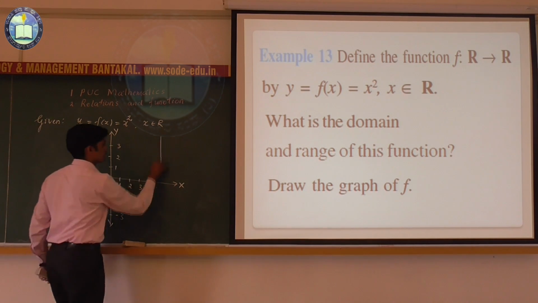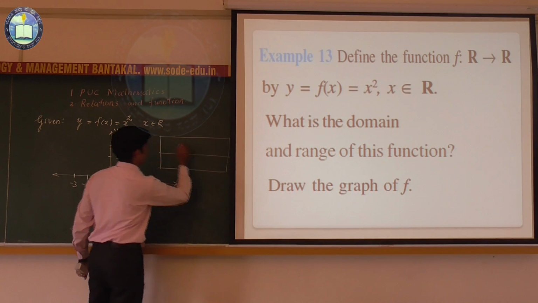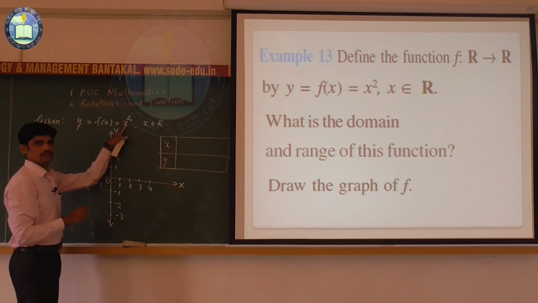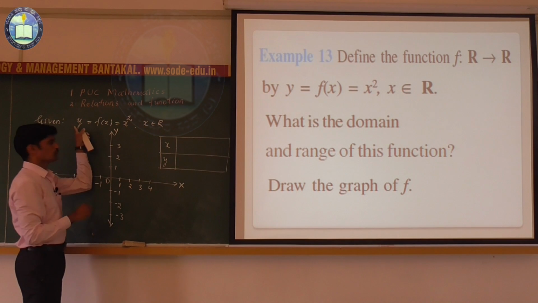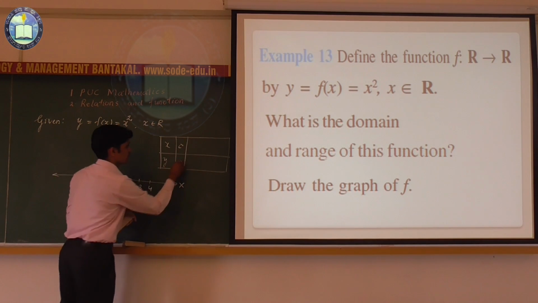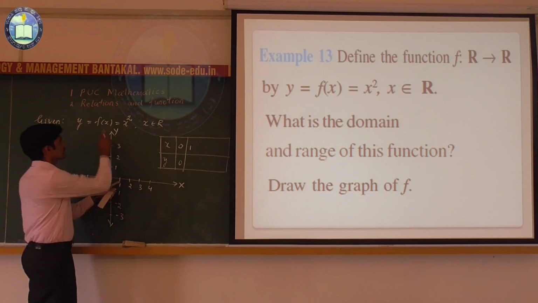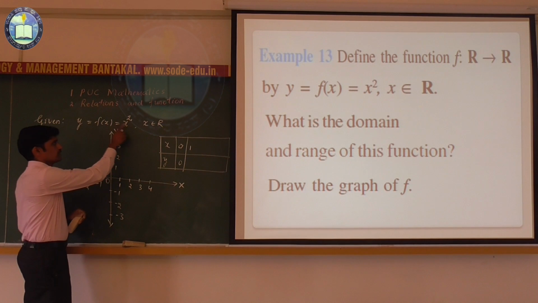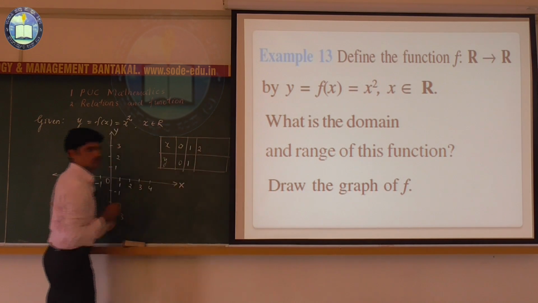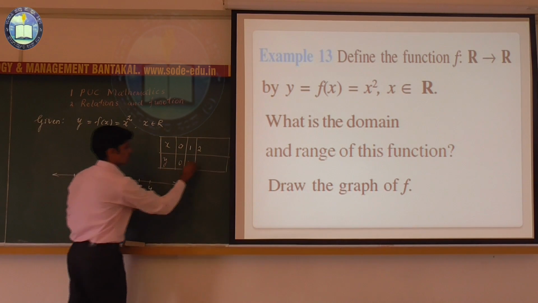Now, if we plot the graph of this function by giving values to x and y, as we have studied in our earlier classes, if we give x is equal to 0, the value of y is equal to f of 0 is equal to 0 square, which is 0. If we give x is equal to 1, then y is equal to f of 1 is equal to 1 square is equal to 1. If we give x is equal to 2, then y is equal to f of 2 is equal to 2 square is 4.